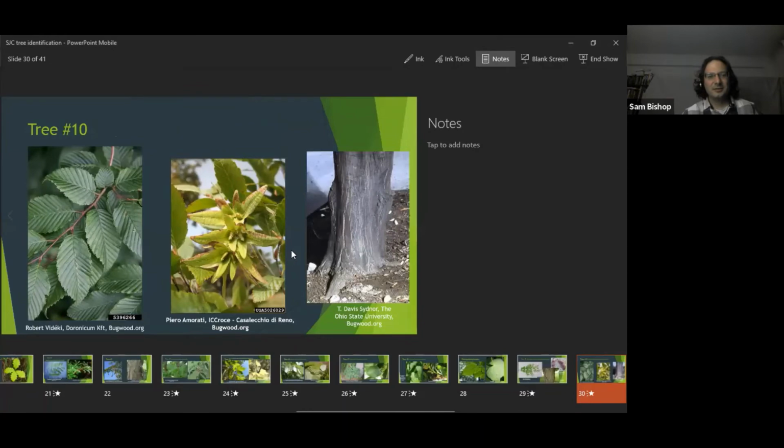All right, let's try tree number 10 from your keys, because these can be tricky and challenging, and it's a good one to try because it's one of those oval or football-shaped leaves.